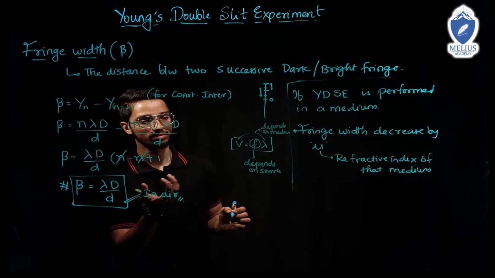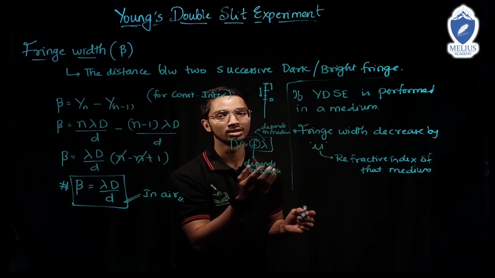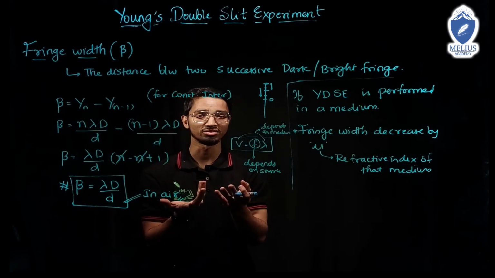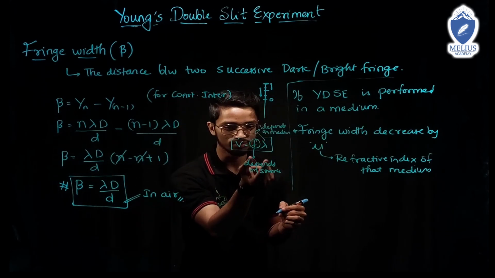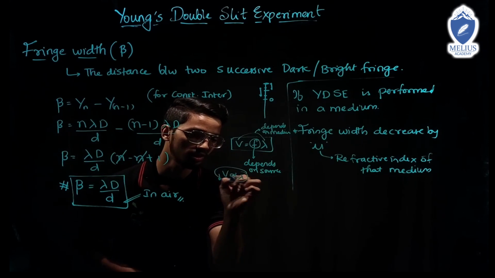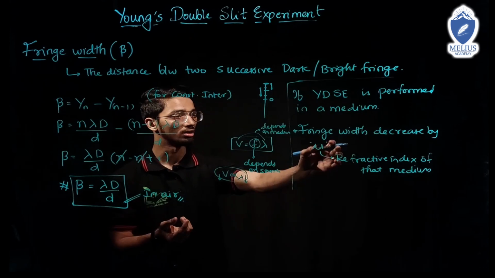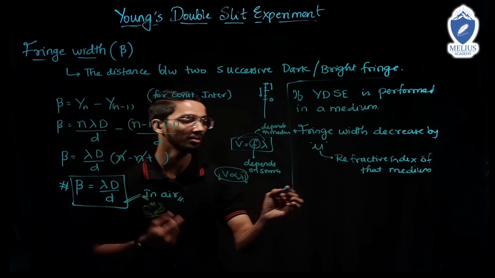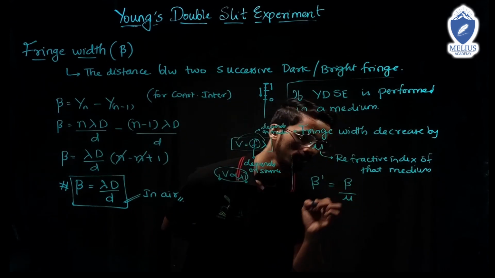If we consider in air, velocity will be more with respect to medium, right? If you walk in air or walk in water, which will be tougher? Walking in water, right? So velocity decreases in water. Similarly, if frequency is constant, then velocity is directly proportional to wavelength, right? If velocity decreases, wavelength must decrease here. So fringe width decreases by refractive index. Lambda decreases here. Okay, then beta dash will be equal to beta by mu.